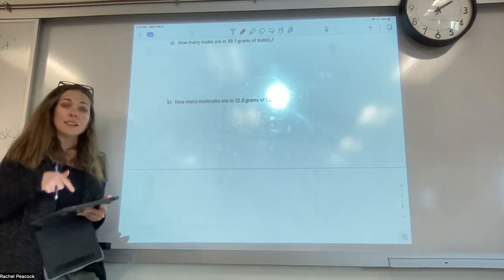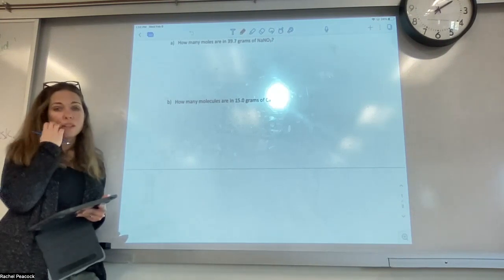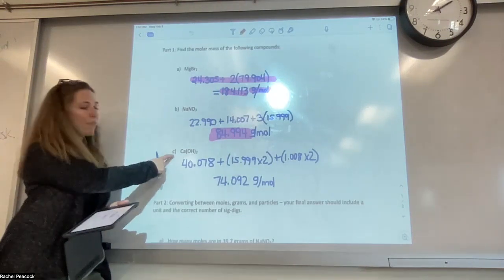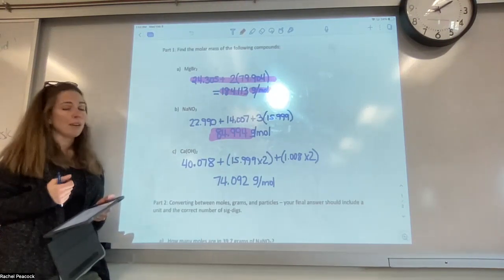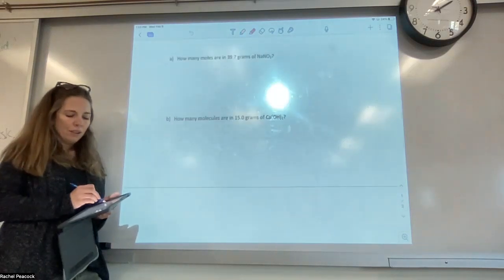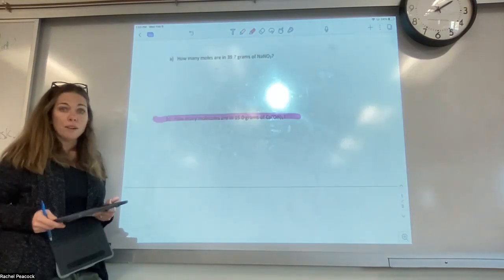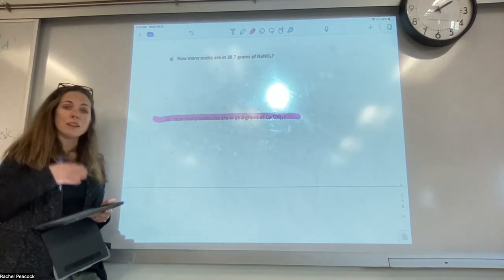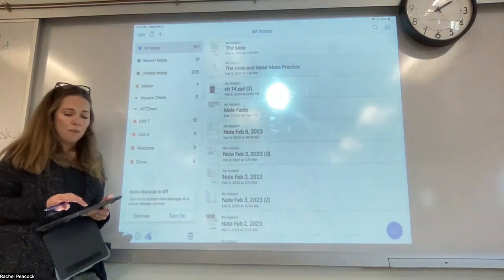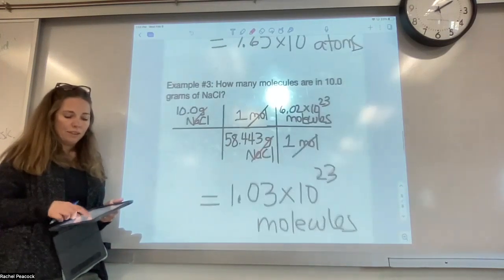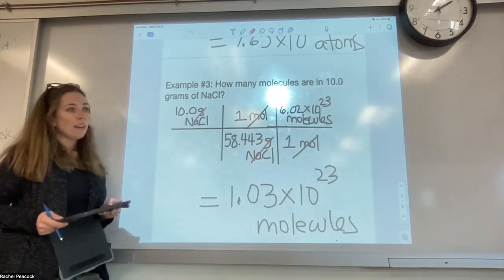It's like the last example that we just did with the sodium chloride. I just want to remind you, you already found the molar mass of calcium hydroxide up here. So try this one on your own, check in with a neighbor, compare what you did, look at that last example with NaCl over here, and see if you set it up correctly.